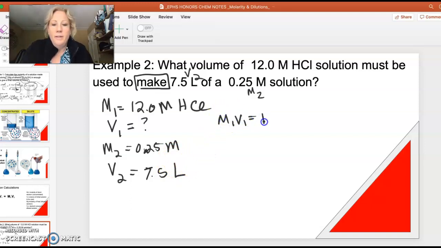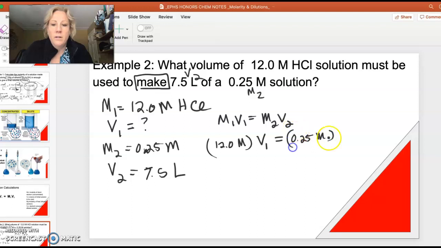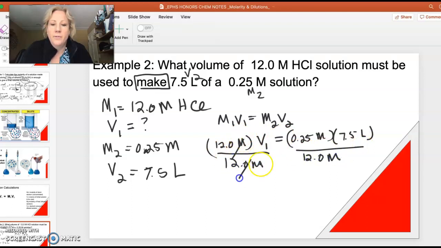So here we plug into M1 V1 = M2 V2. So 12 molar, and I'm going to leave the V as my X, the V1. And then 0.25 molar times 7.5 liters. Then I would divide both sides by 12 molar, and my units go, so I end up with liters.